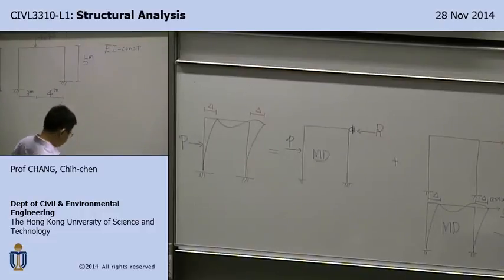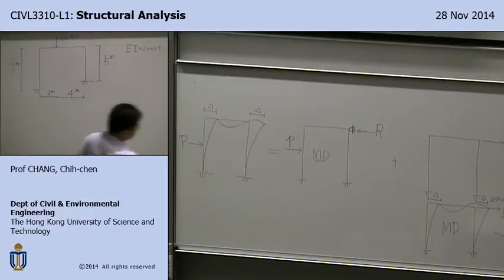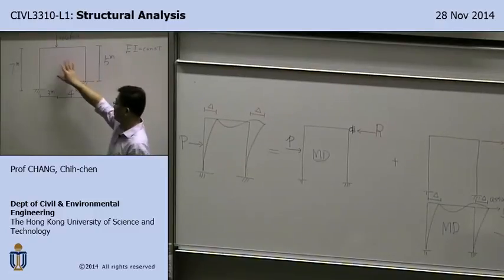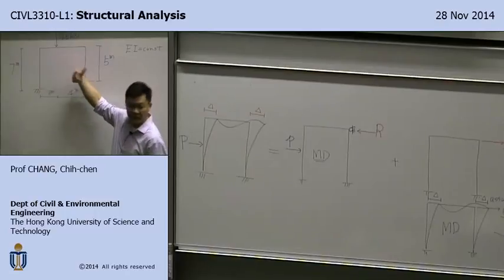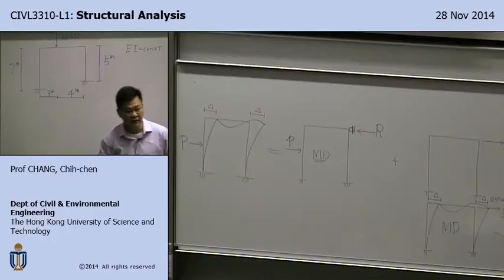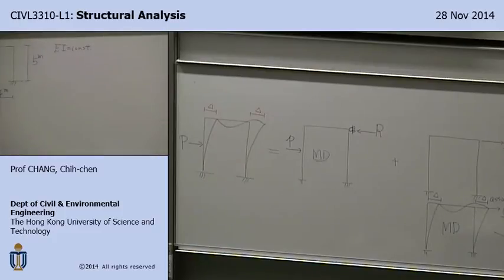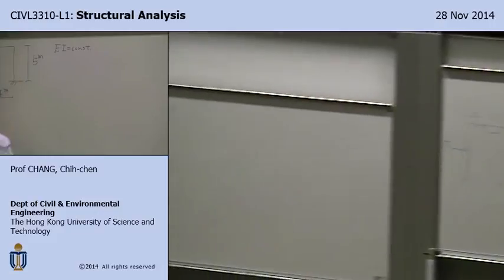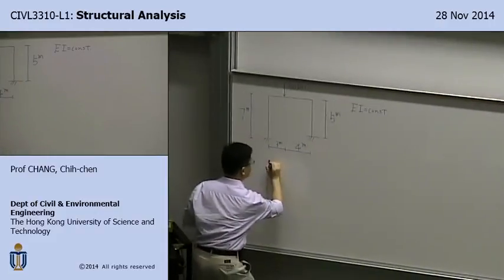All right. So follow the same concept. I know that this structure under such a loading is going to have a sway or translation because the structure is unsymmetrical and loading is not symmetrical, so it's got to have some sort of translation. So I do the first analysis involving putting a roller support here.